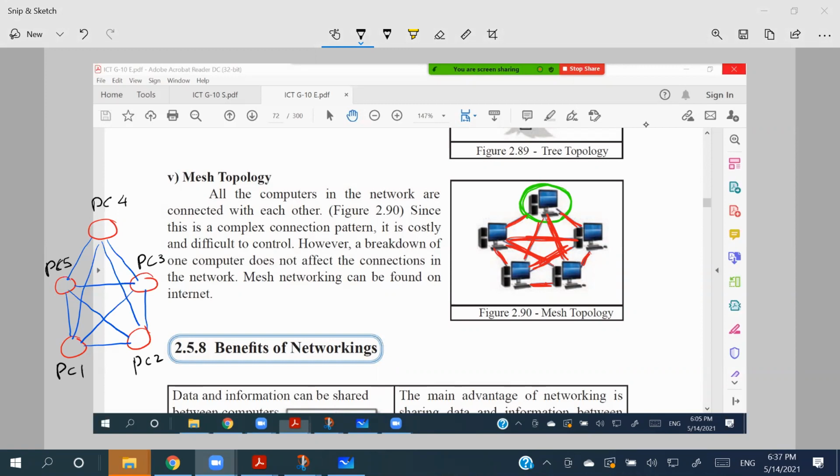How about others? Okay. So is there anyone still writing? Otherwise, we can go for the benefits of networking.